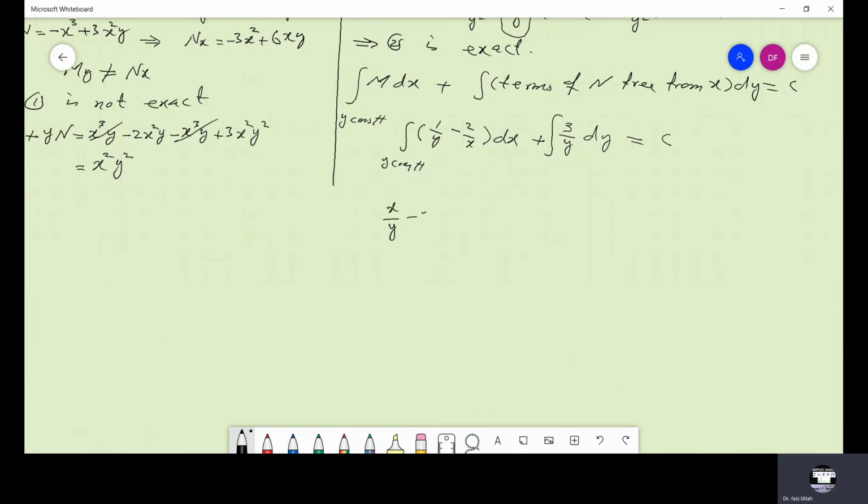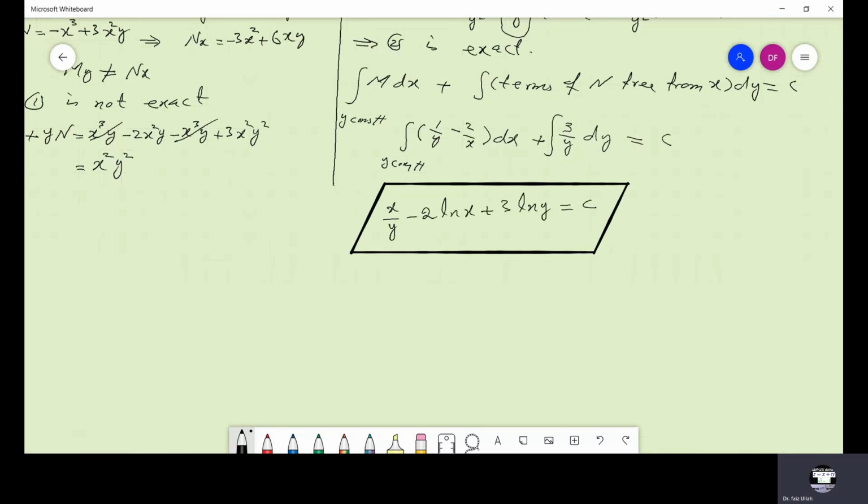Now integration of 2 over x, taking minus 2 as common, integration of 1 over x is ln x, plus taking 3 as common, and integration of 1 over y with respect to y is ln y is equal to c. And that is the required solution for this problem.